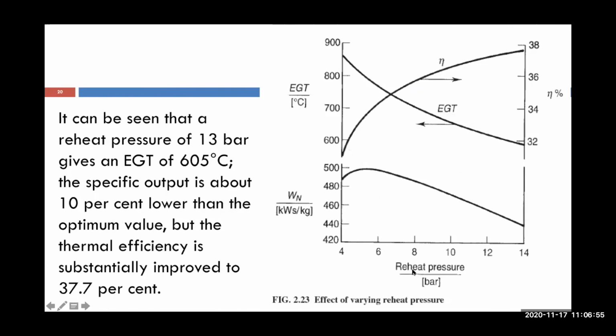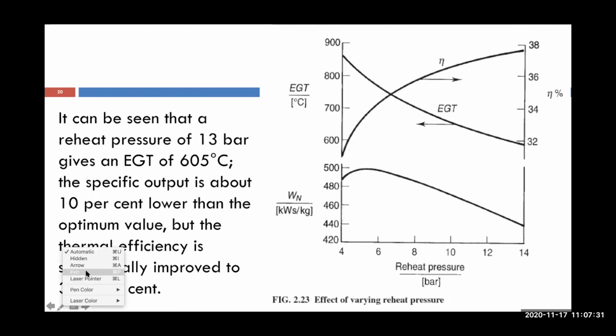If we continue to iterate by putting in a different reheat pressure, from a range of 4 to 14, you will see that the exhaust gas temperature will be reducing. The efficiency obviously will be reduced. It can be seen that a reheat pressure of 13 bar gives an exhaust gas temperature of 605.